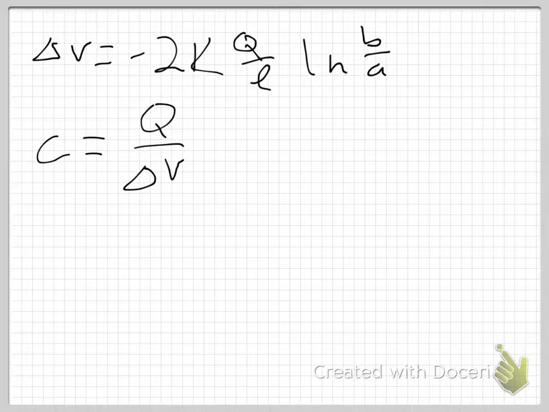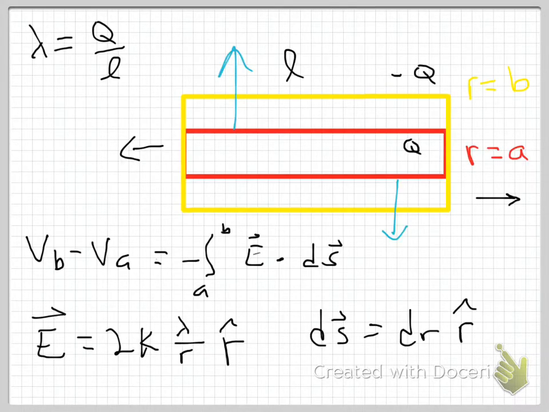Just how big that delta V is without regard to the direction in which I'm traveling, because if I flipped my charges, in other words, if I had a minus Q on the red conductor and a positive Q on the yellow conductor, my capacitance wouldn't change. My capacitance is exactly a measure of the charge I can put on this thing per unit of potential difference. So the capacitance wouldn't change.